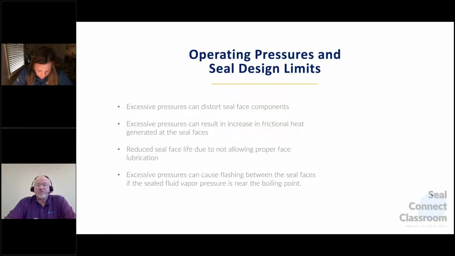Those pressures in unbalanced seals can cause excessive closing force on the face and excessive face loading, which adds more load between the faces, adds more friction, more heat, and restricts the lubrication of the faces.